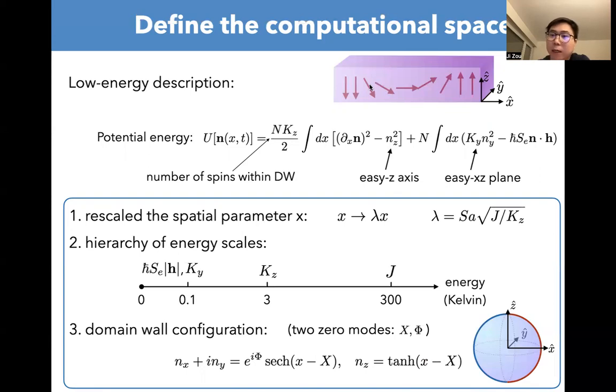It can point along the positive z direction or negative z direction, just to minimize this term. And similarly, we have another easy xz plane anisotropy. Due to this term, the spin would like to stay in the xz plane to minimize this term. And the last term is the standard Zeeman coupling due to the applied magnetic field, and it is also proportional to this spin density.